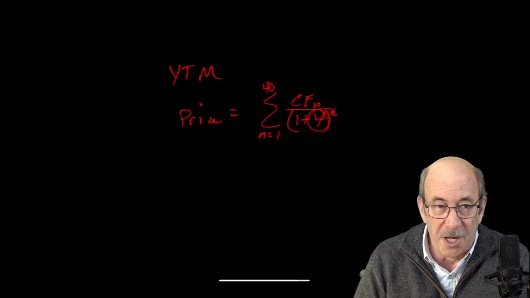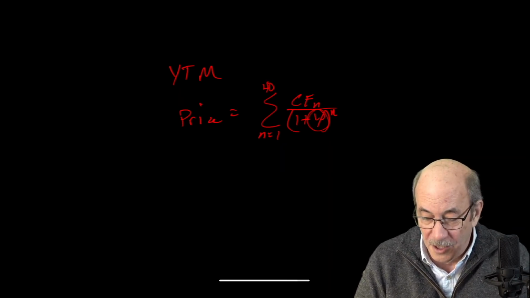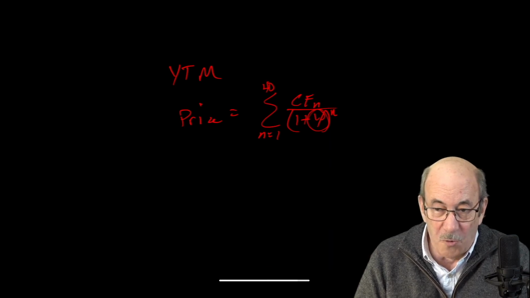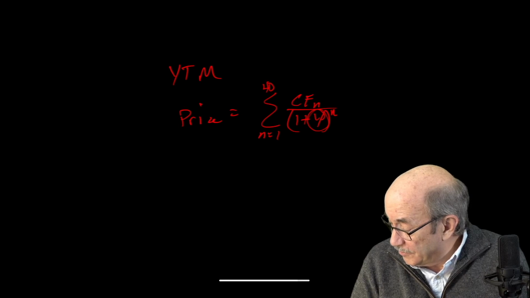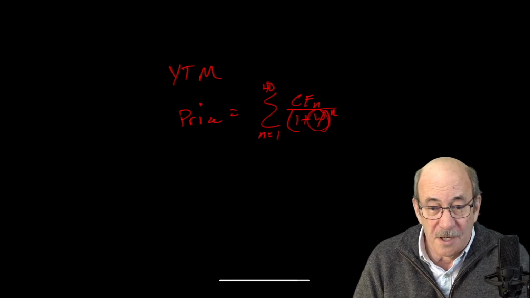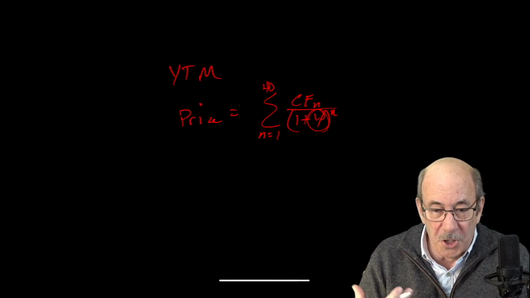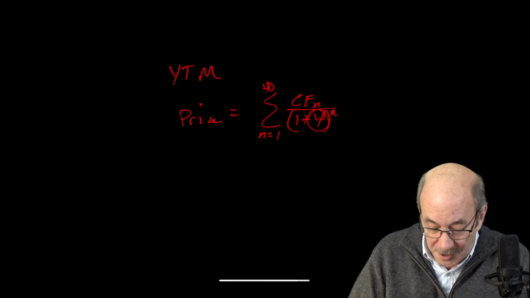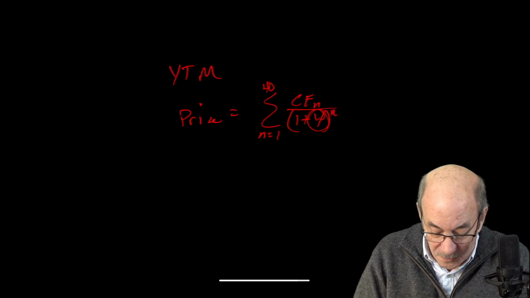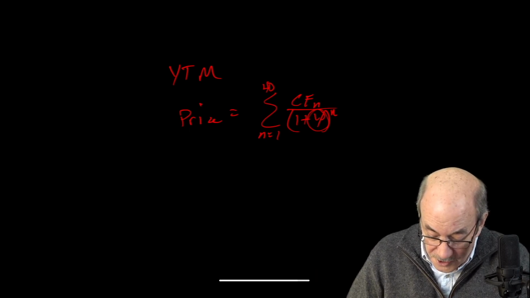So you could do a hunt and peck and pick a y, and knowing that the price is above the face value tells us that the yield is going to be below the coupon rate. So you could start that way. But again, the calculator is really the easiest way to get to that.